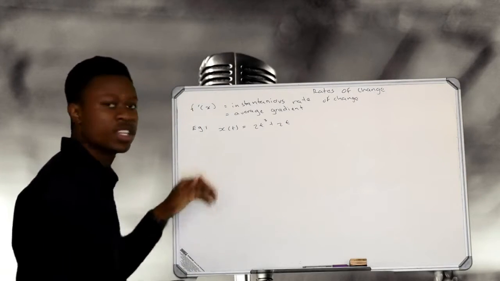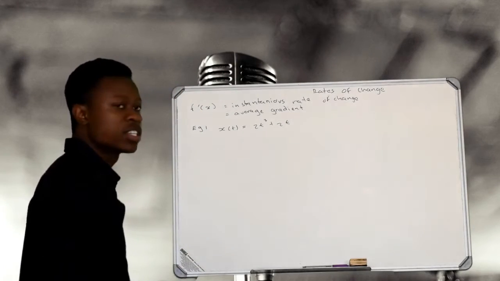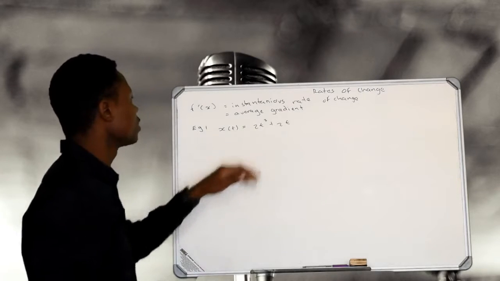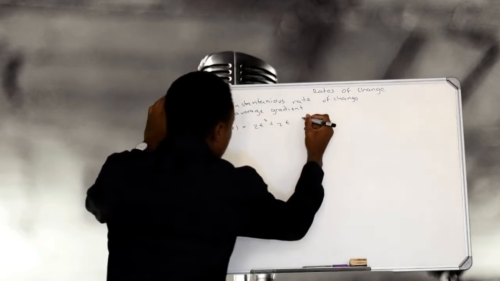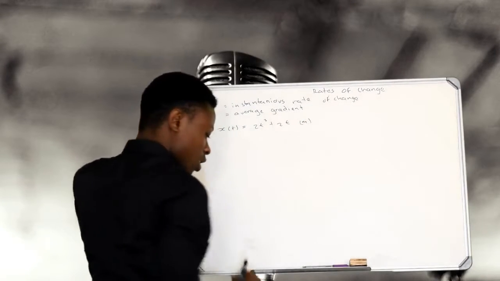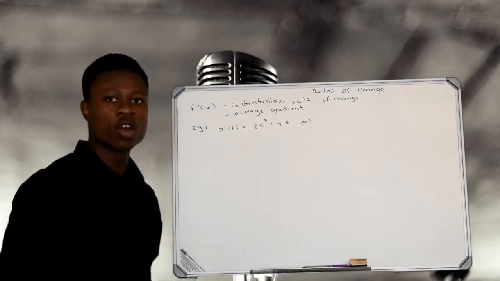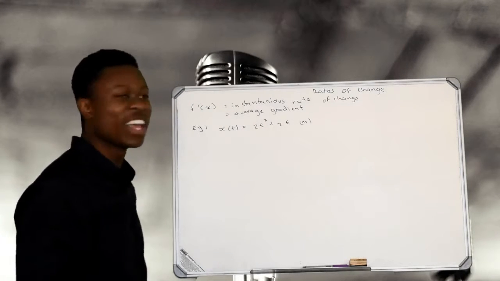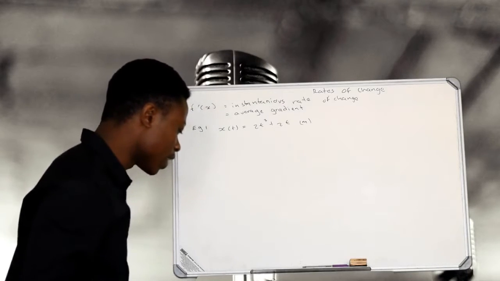Let's say that we're using this as a distance formula. So x of t is the change in distance over time, because the t stands for time. So this would be in meters, right? So this would be, let's say, a person walking or flying or driving or something like that, right?